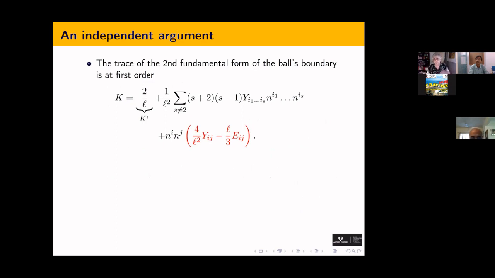And if you do that at this order in perturbation, what you get, of course, is the flat space-time value, which is 2 over the radius, and then all this deformation, taking all the spin part into account.